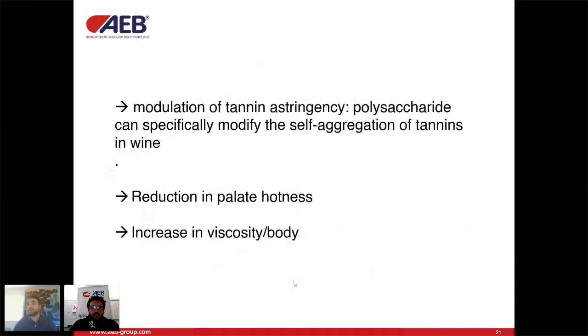In fact, polysaccharides have been related to modulating astringency, because they interact in the hydrolysis and condensation of tannin, modulating their interaction. They can reduce the sensation of hotness in very alcoholic wines, and they increase the viscosity and the body of the wines.